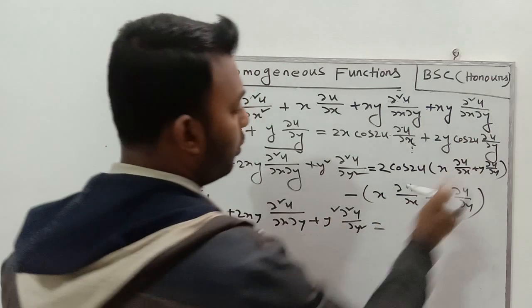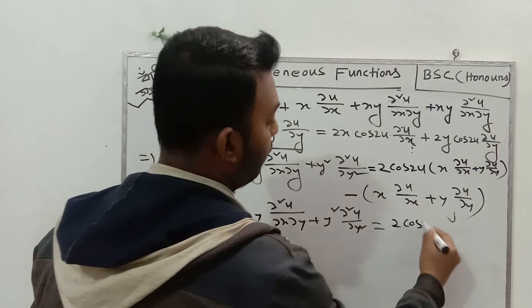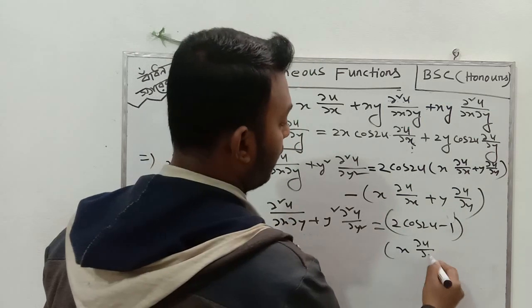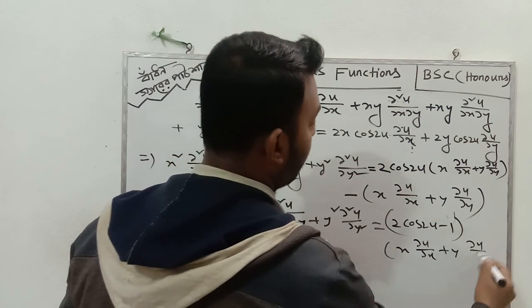Now taking common, we can write (2 cos 2u minus 1)(x ∂u/∂x plus y ∂u/∂y).